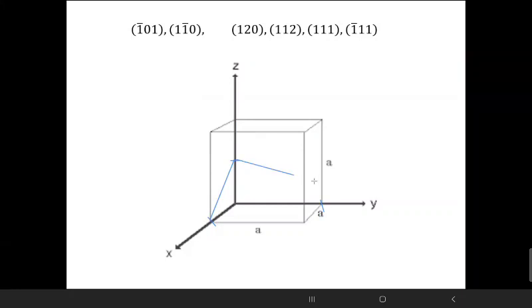So here it is your plane. Next, how to draw 111? So 111 is here.